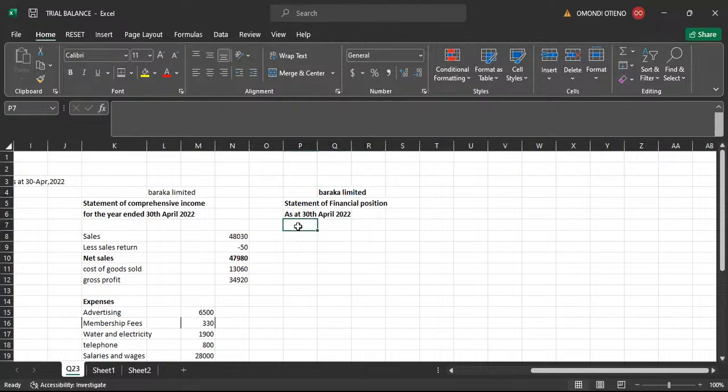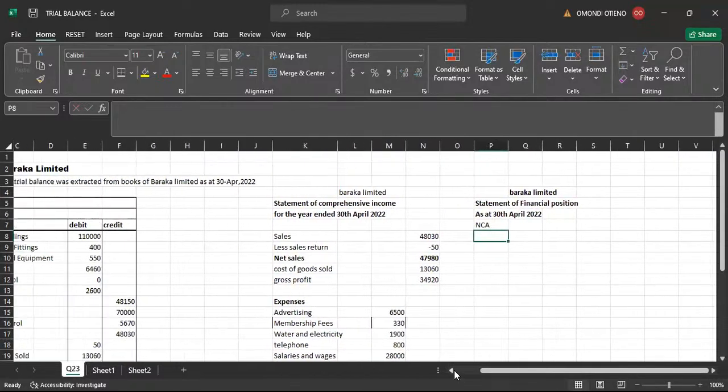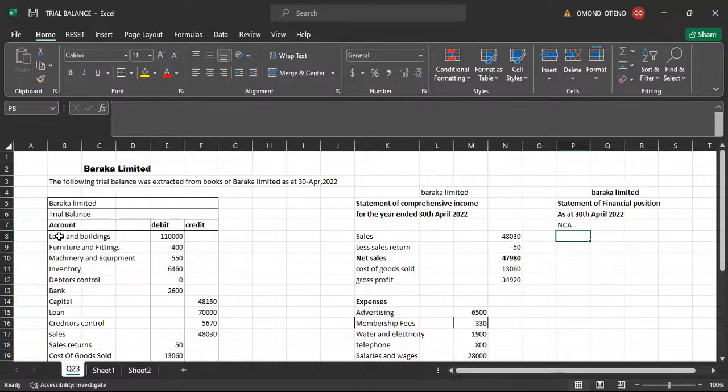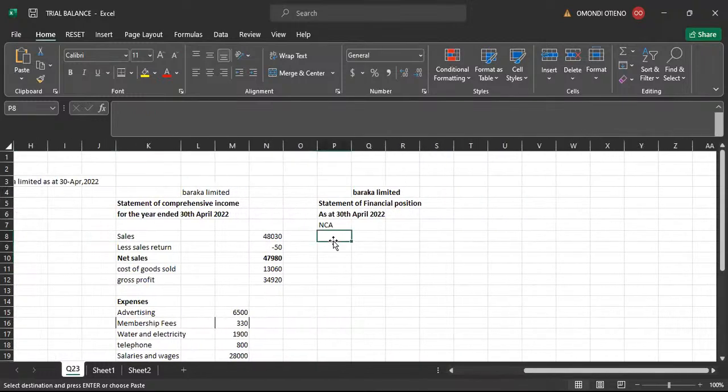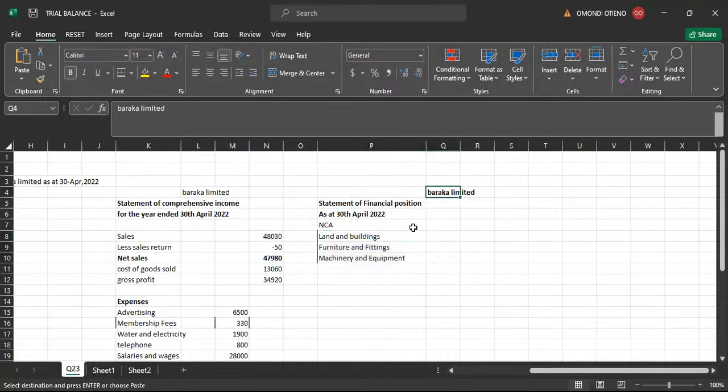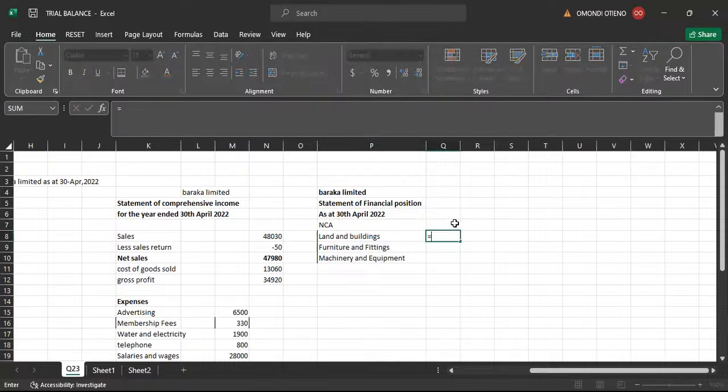we are going to have our non-current assets, which you can call PPE, but for the benefit of everyone, our non-current assets are these 3 items. Those are the ones that I've been able to see. So just come here. That's the advantage of working with Excel. You don't need to write. Just come and copy. Once that is copied, you'll be able to see you have brought them here. So our non-current assets, the 3 of them, I just come and pick the values.